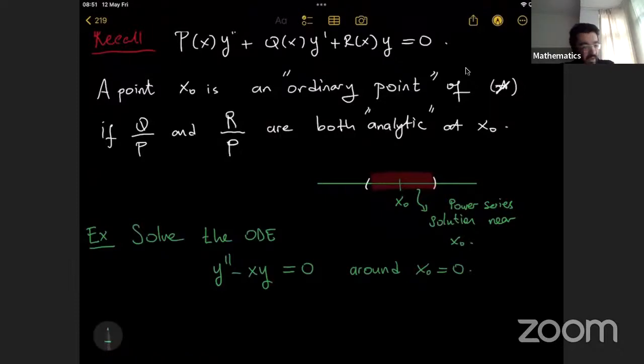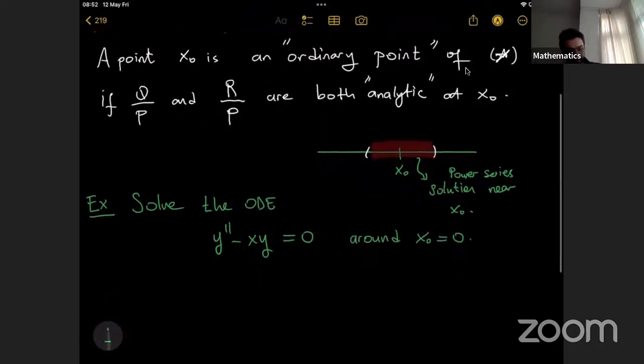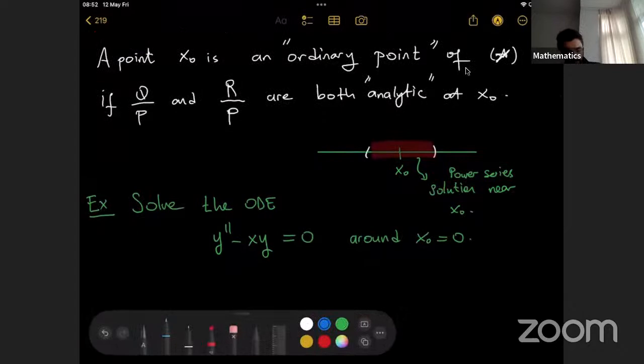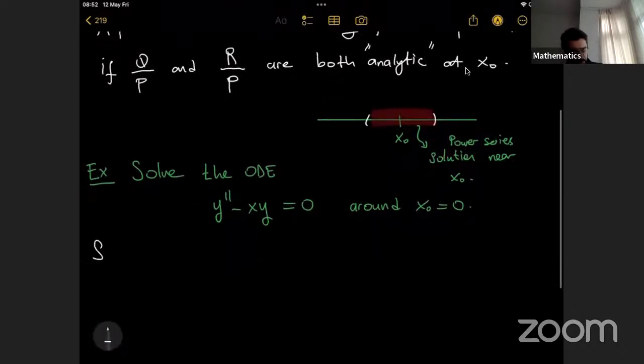It's homogeneous, but the coefficient is x. Okay, so we cannot treat it like a constant coefficient. In the case of constant coefficient, remember you use the characteristic equation to solve this sort of equations. But here, since in the coefficient we have x, we cannot use the characteristic equation. All right, let's solve it with power series solution.